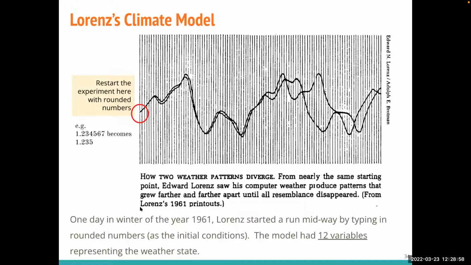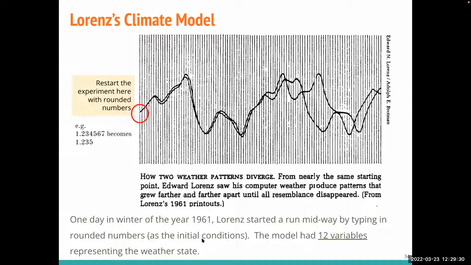One day in the winter of 1961, Edward Lorenz, the scientist who sort of discovered the chaotic system, or chaos, started a simulation midway. He went out for coffee. He rounded the numbers. The numbers were 6 digits in the computer, and he rounded them and put them back as the initial conditions because he wanted to save some time.